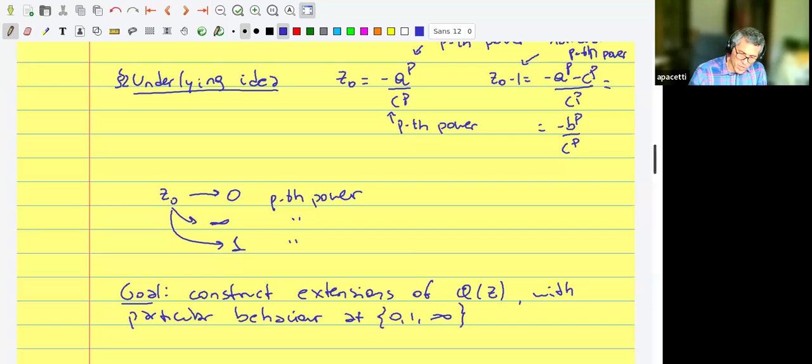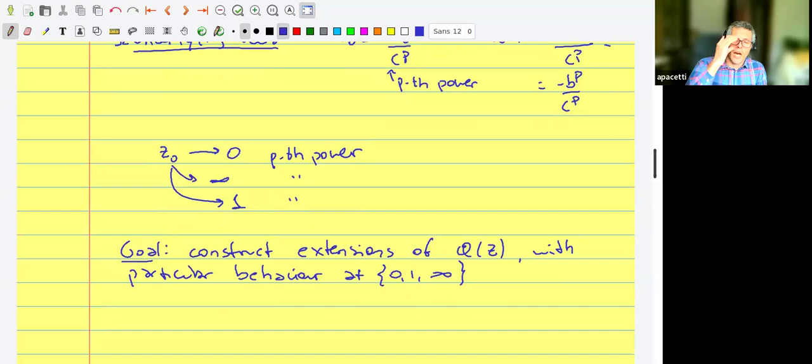And what do I mean by particular behavior at 0, 1, and infinity? This is somehow the key of the story. If you consider, for example, the extension of Q taking the pth root of Z, and then you specialize at a point which is a pth power, I don't know, 3 to the p, then the extension is going to be ramified at 3.